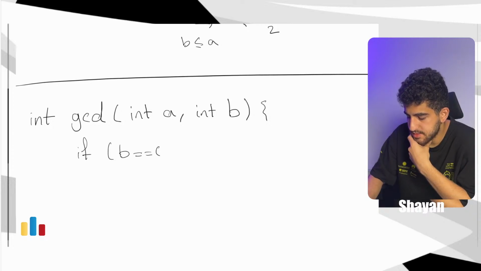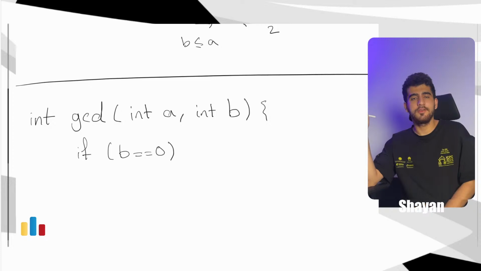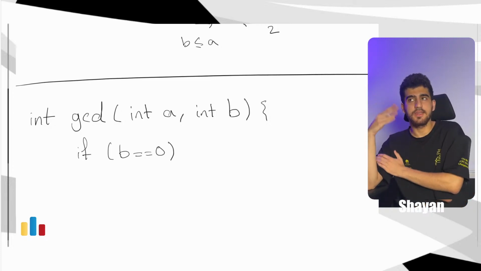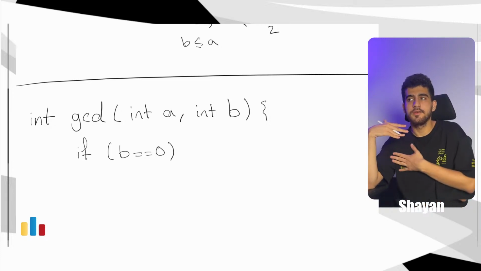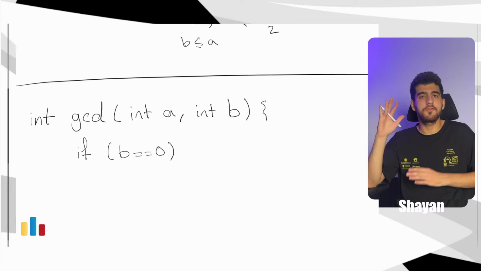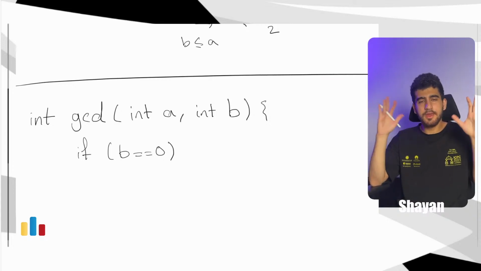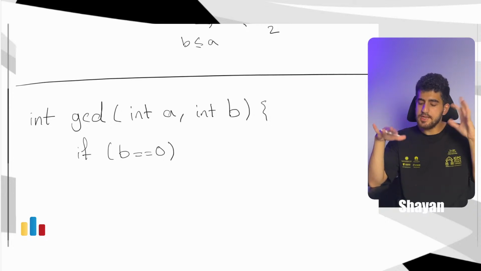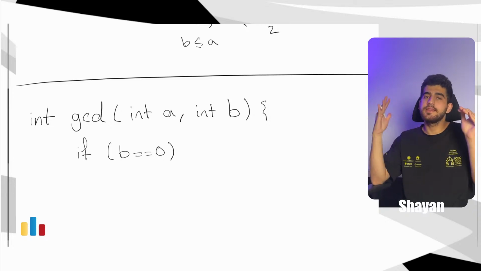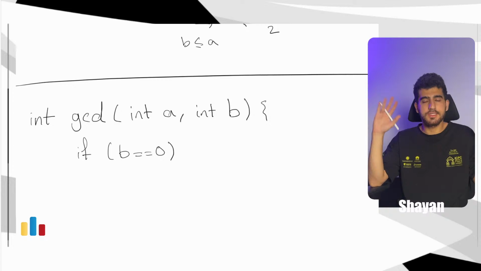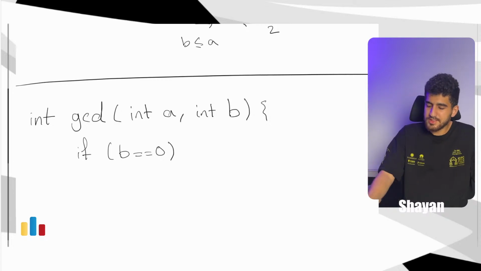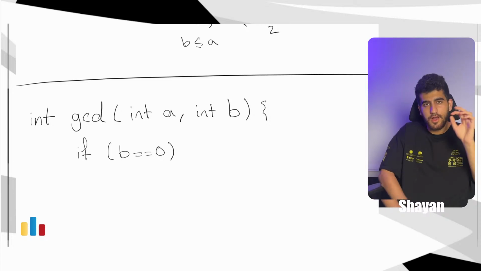I said that at the beginning. I will continue so that for me a and b will be both small enough. So when I make them small enough, then it's going to be easy for me to calculate the GCD. Here, small enough for me is going to be when one of them is 0. The smaller one is 0. And because I want the smaller one to be b, I will continue as long as b will turn into 0.